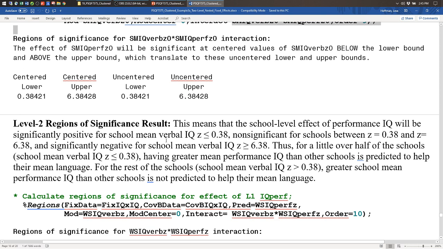So, I've got one question. Yeah. For the moderation effect for the performance IQ on the verbal IQ, we see in level 1 and level 2, they are in the same direction, like all becoming less positive. But can we see the opposite between level 1 and level 2? Like one stronger and the other is weaker? It depends on the direction, yeah. So is it not always the same direction?